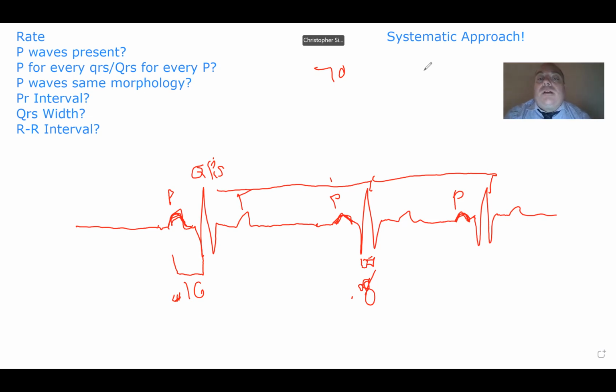Because what do we need for a normal sinus rhythm? We need a rate from 60 to 100. We need present and upright P waves. We need a P for every QRS. We need the P waves to have the same morphology. We need the PR intervals to be normal. We need the QRS to be narrow, and we need the R to R to be regular, okay?